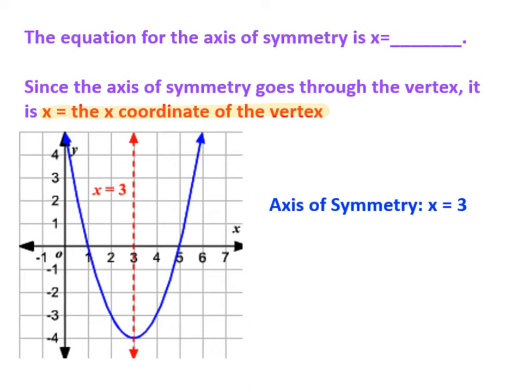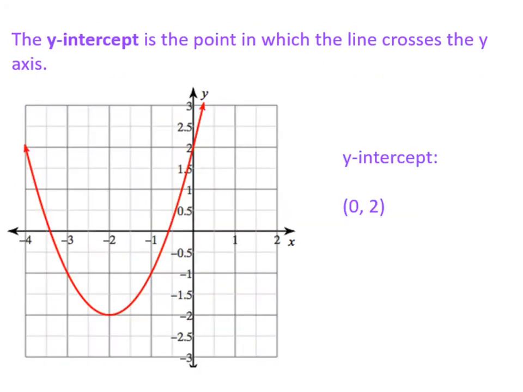So the axis of symmetry in this example is x equals 3. Now the y-intercept is the point in which the line crosses the y-axis. So in this case, the y-intercept is 0, 2, because it intersects right here.